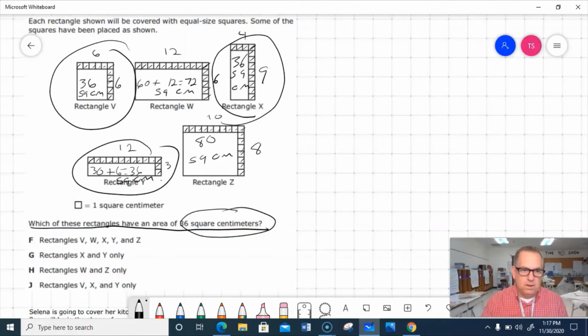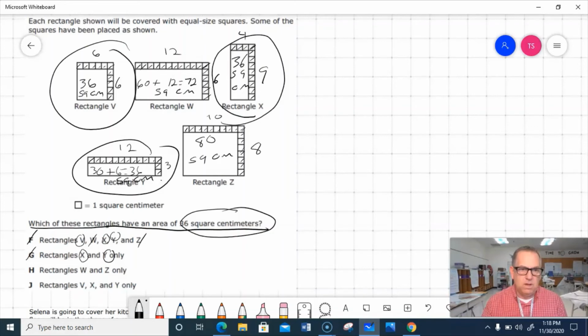So I look at answer choice F. Answer choice F has V, has X, and has Y, but these are not 36, so I cross that out. This one says rectangle X and rectangle Y. And X and Y are, but V is also, so that one's not the correct answer.